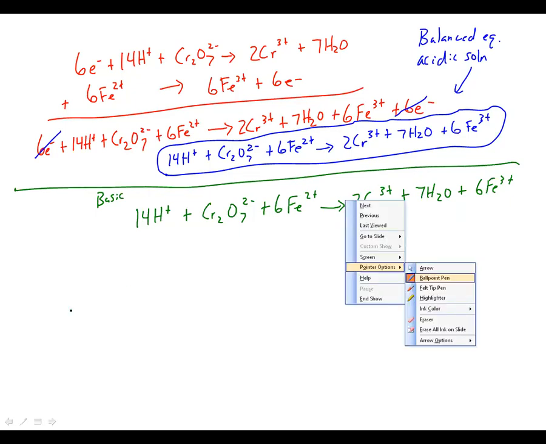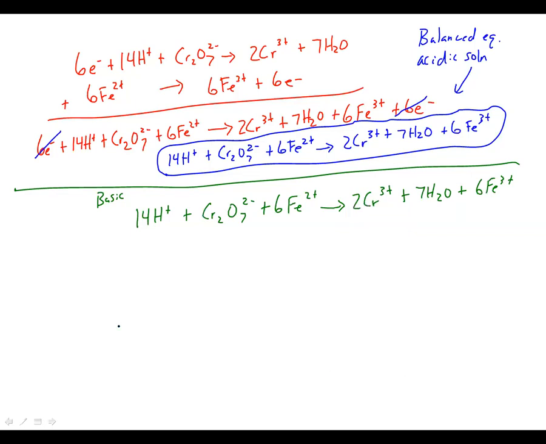At this point, you would look at that final acidic equation and you would look for the H plus, which in this case is right here. And since we have 14 H pluses, we would add 14 OH minuses, not to just one side, but we would actually add it to both sides.